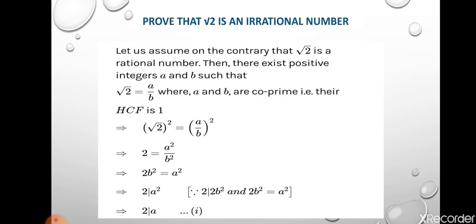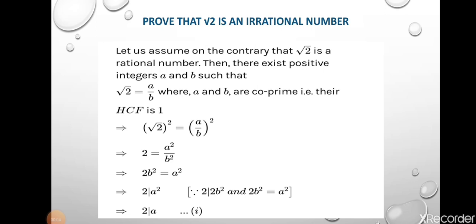Now prove that root 2 is an irrational number. Here we use the method of contradiction. Method of contradiction means we oppose the given statement; we say that the given statement is false. Let us assume that root 2 is a rational number.